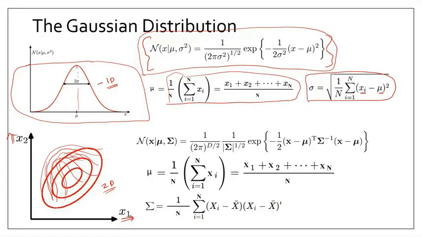You take the square and do this step for all samples from i equal to 1 to n, where n stands for the number of samples. You add all these squares and then take the average. Once you take the average, you take the square root of that. If you don't take the square root, it becomes sigma square, which is called the variance. If you take the square root, then it is the standard deviation.